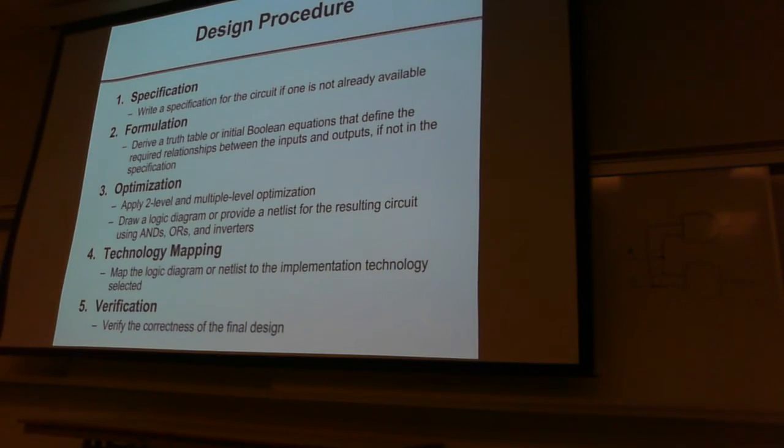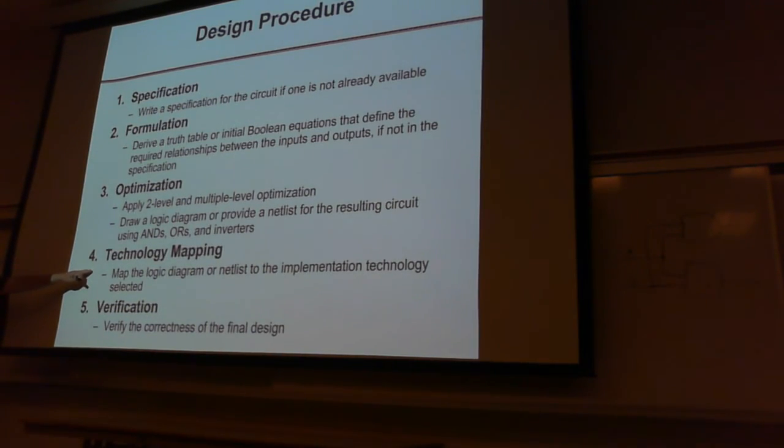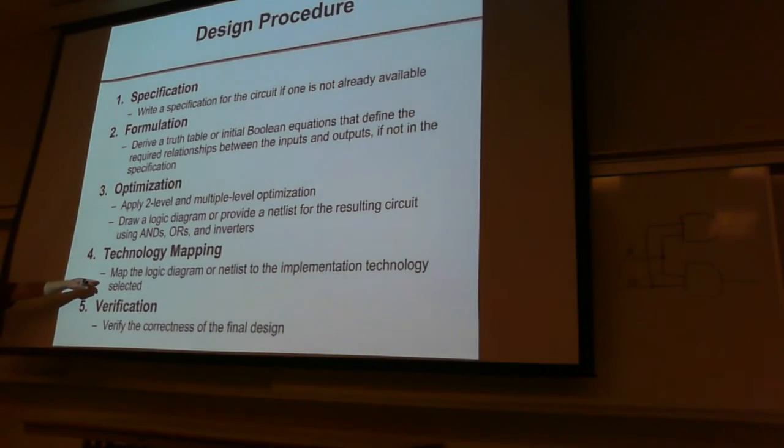Then there's this other step that sometimes people forget about and overlook. That is technology mapping. Did I design a sub-circuit that looks just like something else that already sits in the library? I probably should pay attention to that for 2 reasons. One really important reason, and it's how we started off tonight's discussion.